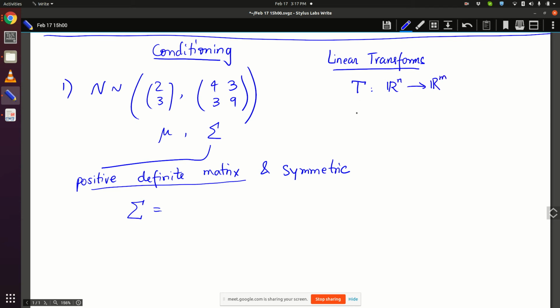Okay, and it satisfies some properties. Before I give the example, I should tell you what properties it satisfies. Karthik, do you remember what property it should satisfy?